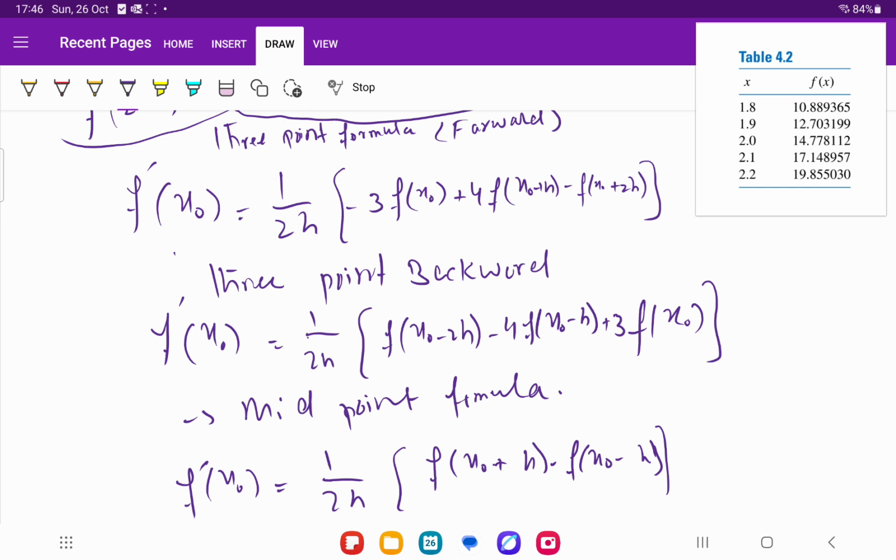It's there already. So for example, if you want to apply the 3-point backward formula to approximate f dash of 1.8, is it possible to calculate the derivative at 1.8 by using the backward formula?